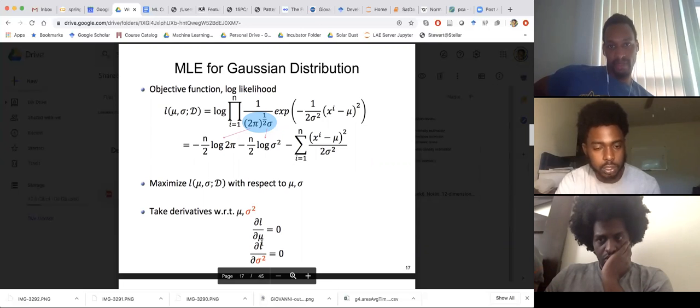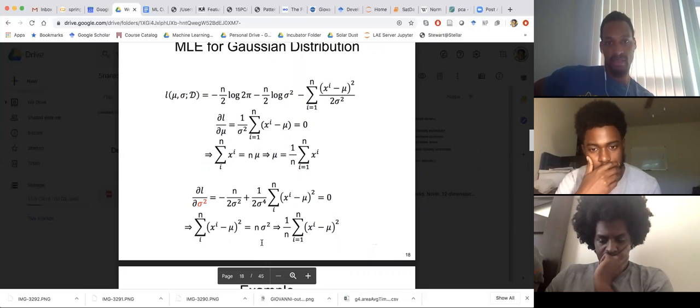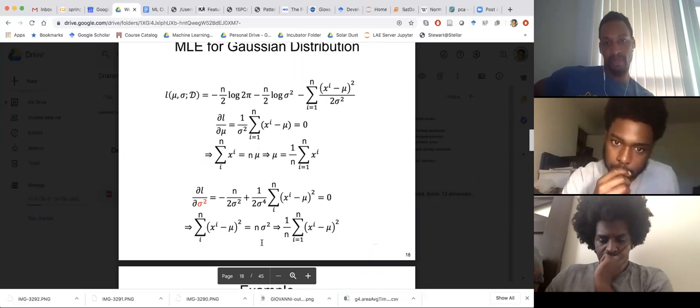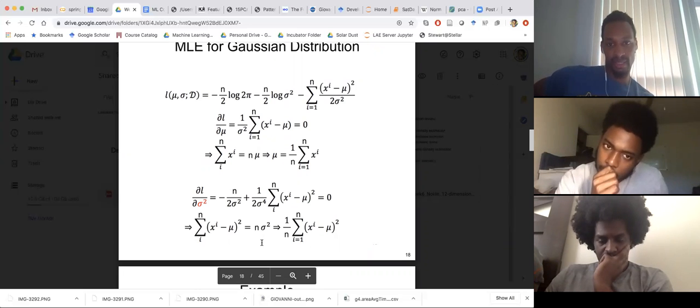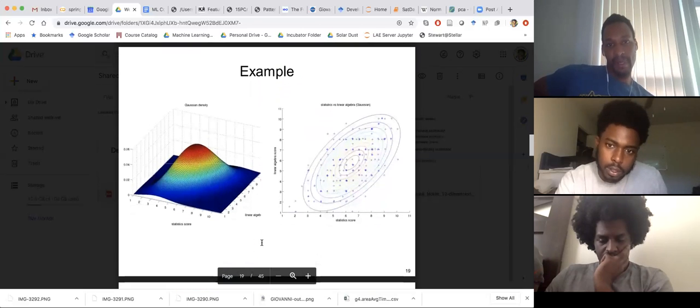Okay. Interesting choice. And so here are the equations now. You end up with the MLE of the mean, or the parameter mean, is just the mean of the data, and then the sigma squared is just the sigma squared of the data, if you do the math. Oh, I see.